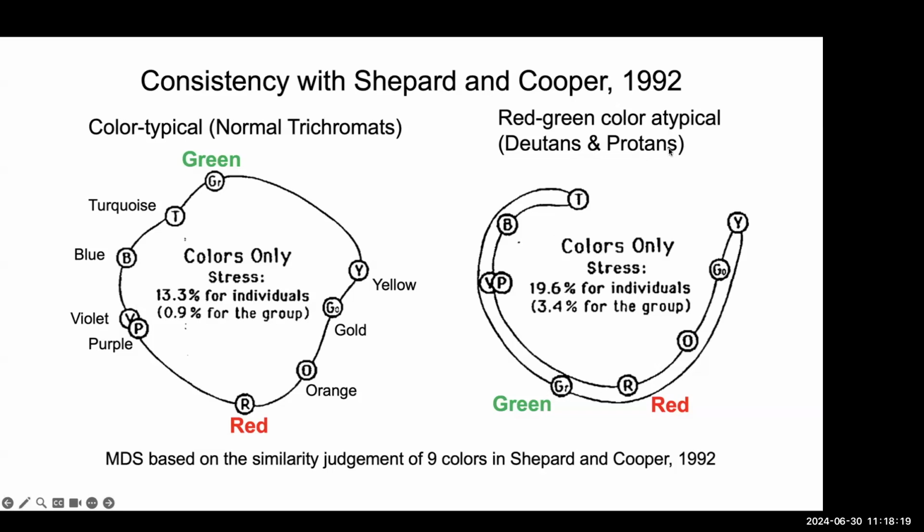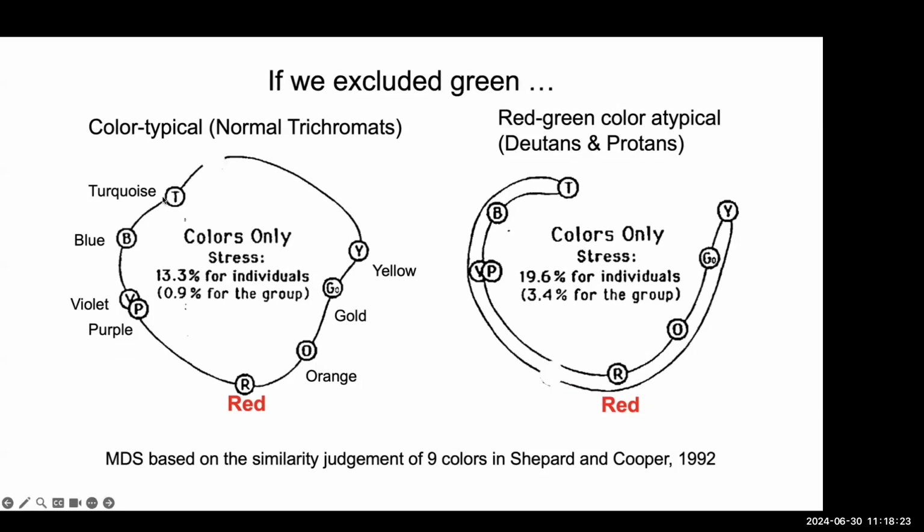But what about the rest of the colors? Actually, if we exclude green colors, this and that, then we can see the relationships are sort of preserved between the color typical and the color atypical participants. I think that's what we observed even in our 93 colors data.